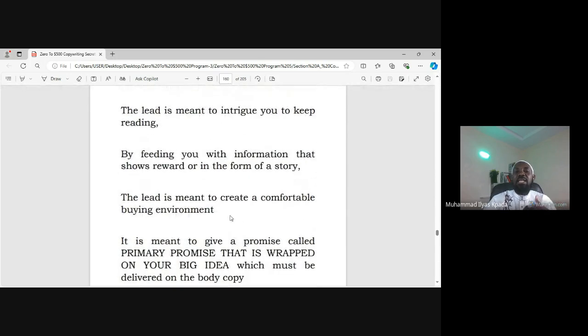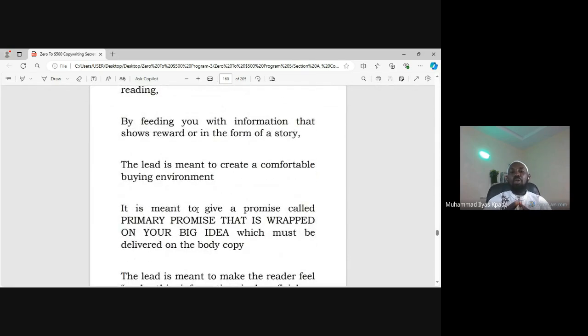The lead is meant to create a comfortable buying environment. There is what we call a buying environment. Let's assume you visit a shop. You want to buy an iPhone, for instance. As you reach that shop, they take you to a corner, playing one interesting sound to you.